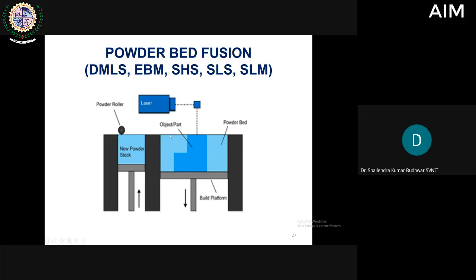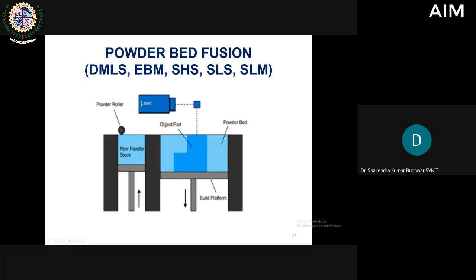So after sintering or melting, the powder particles will join with each other and make a solid layer. Then after making one layer, the build platform will move downward equal to one layer thickness, and the next layer of powder will be spread on the previous layer on the build platform.